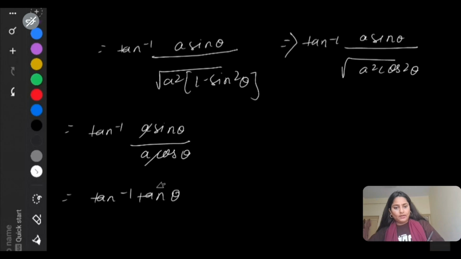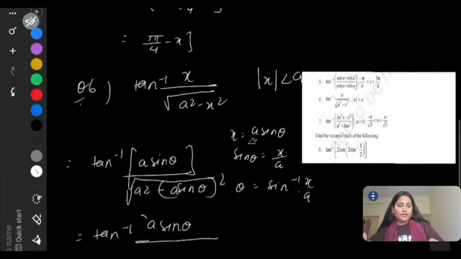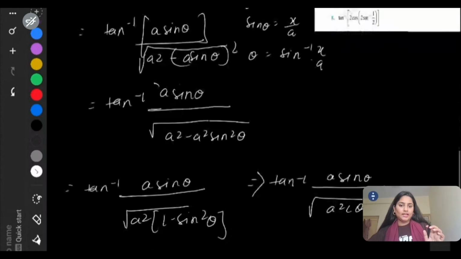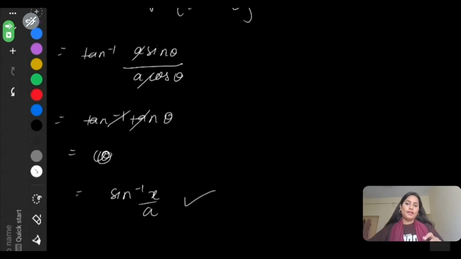Now cancel these two, the answer will be theta. But from here, we have the value of theta as sin inverse of x by a. We already checked that. So we'll put here the value of theta, which is sin inverse of x by a. So this was question number 6. Let's move on to question number 7.